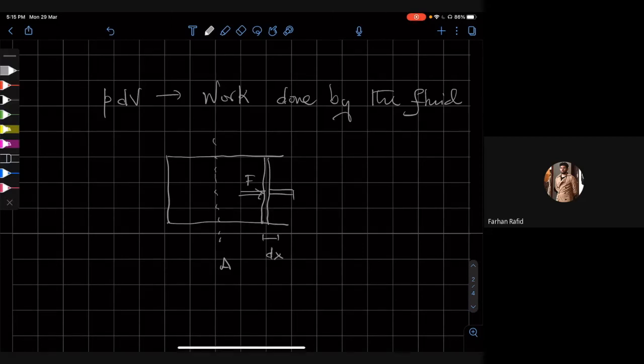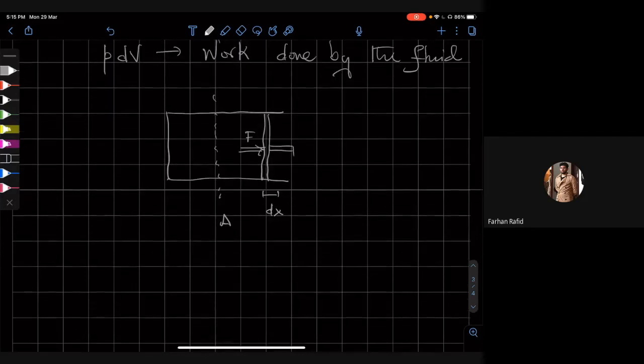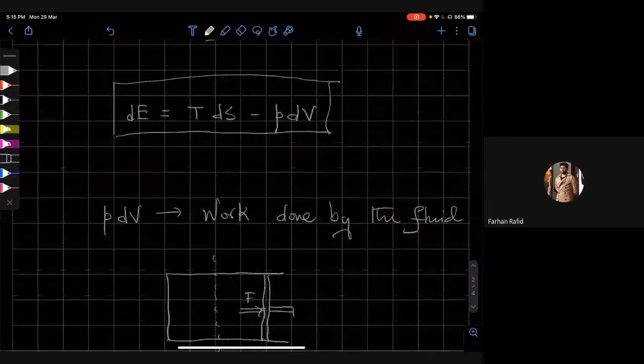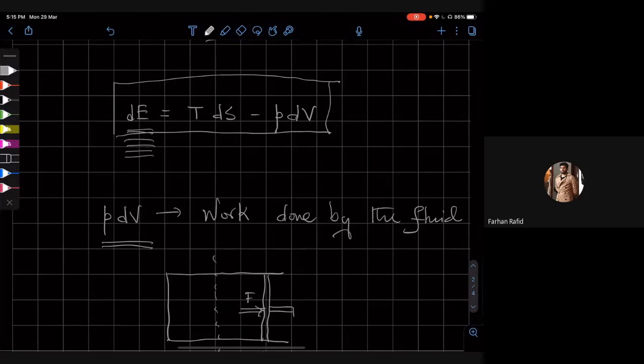Then the work done by the fluid is going to be F times dx. But of course, F divided by A times A dx is pressure times dV. And therefore, we think of P dV as the work done by the fluid. And when the fluid does work, it loses energy. It gives up some of its energy, and that's why we have this minus sign over here.